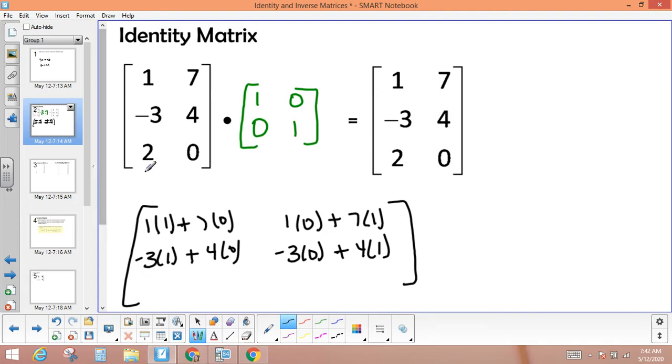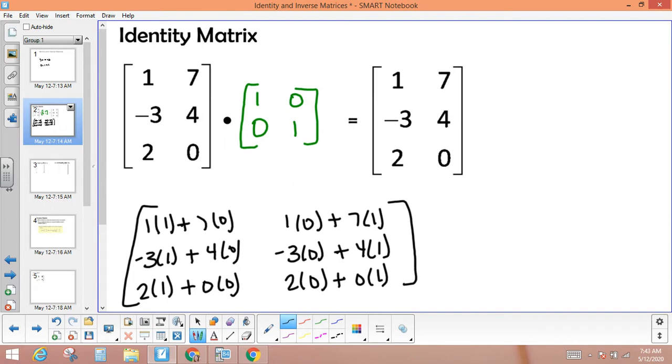Now it's the bottom row's turn. Bottom row times the first column gives me 2, and bottom row times the second column gives me 0. You can see that if I take this matrix and multiply by this identity matrix, I get the same matrix back.